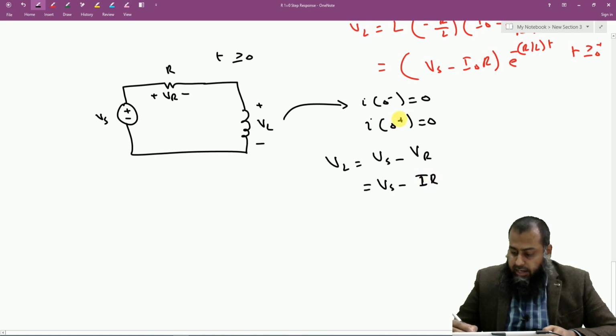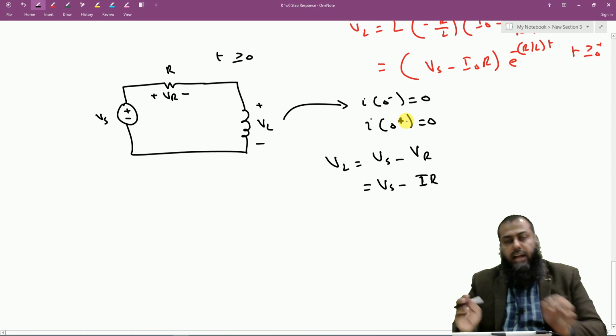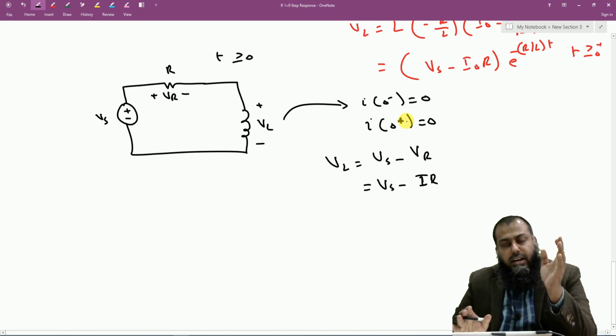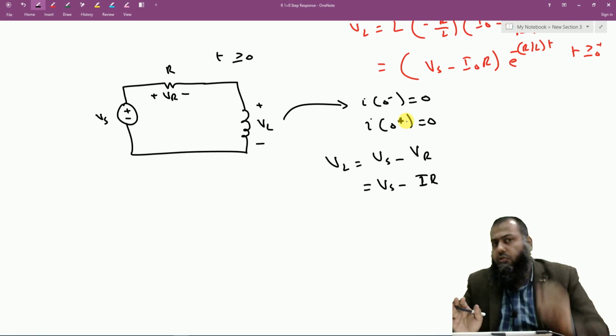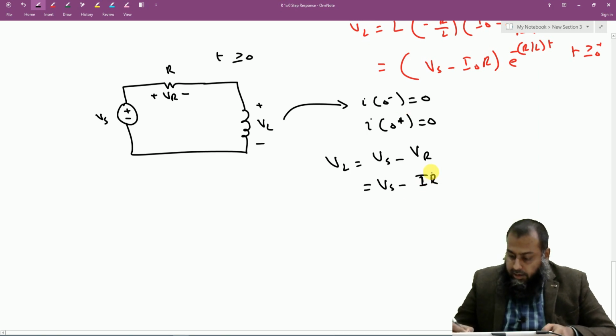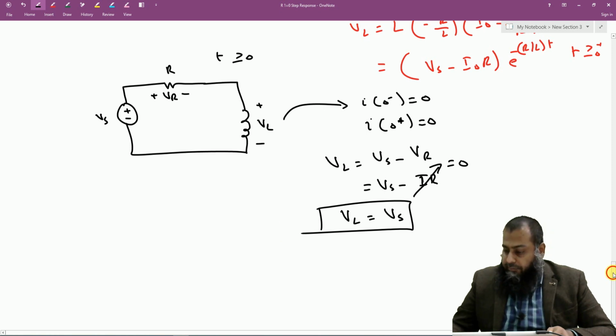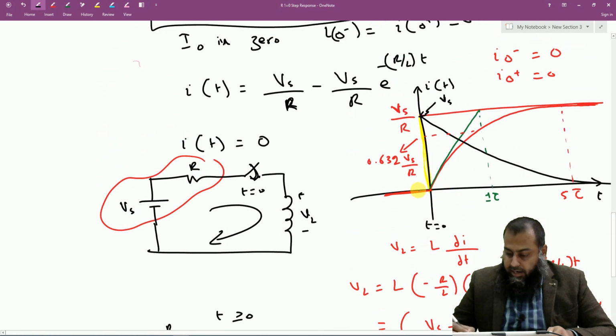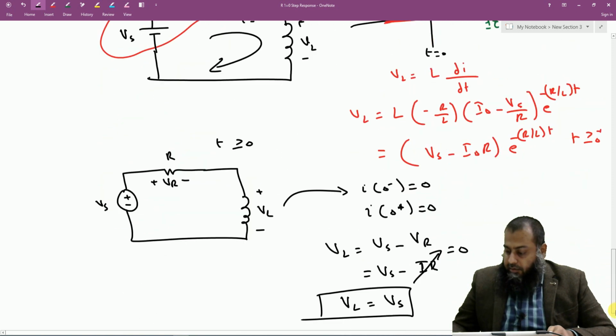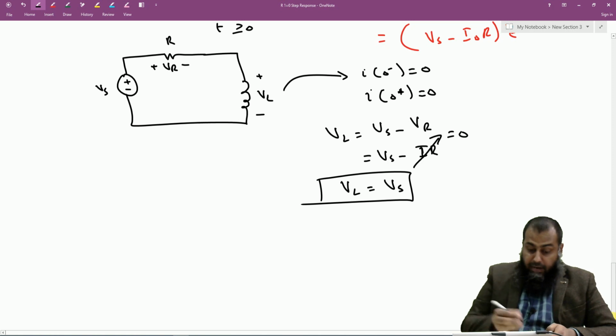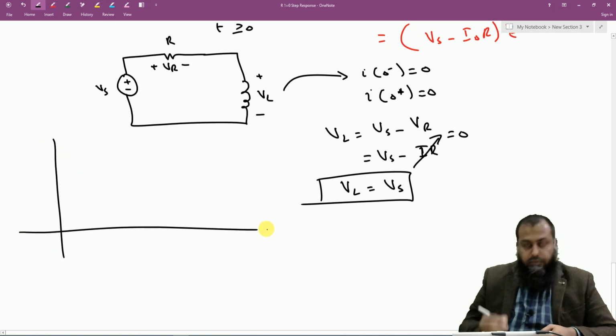So at time t equal to 0 positive, which is right after we have turned the switch on, the current is equal to 0, and consequently this whole part becomes equal to 0, and therefore VL instantaneously jumps to the source voltage Vs. As a result, the voltage waveform of the inductor has a shape which at first sight does not look very convincing.